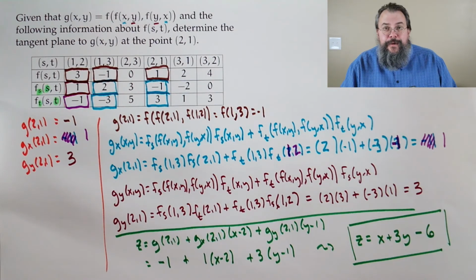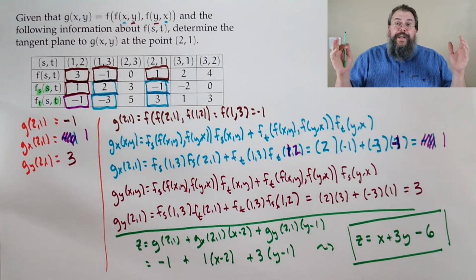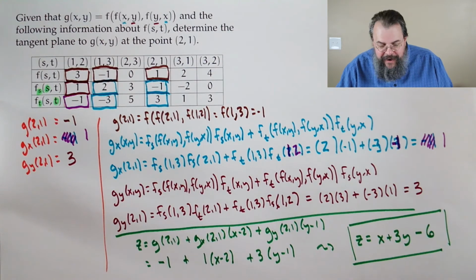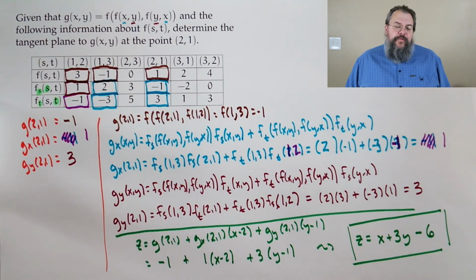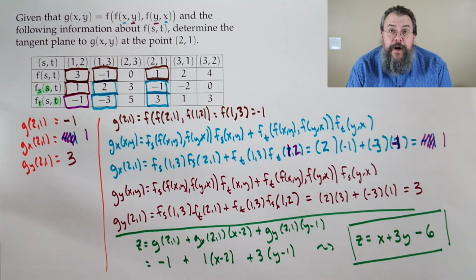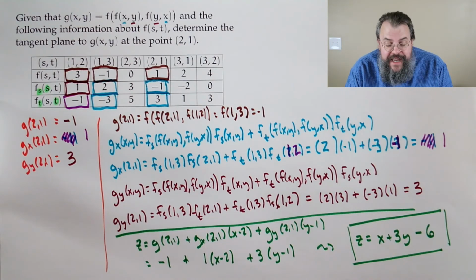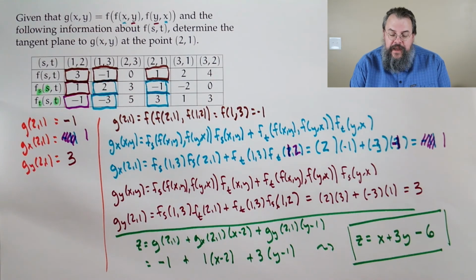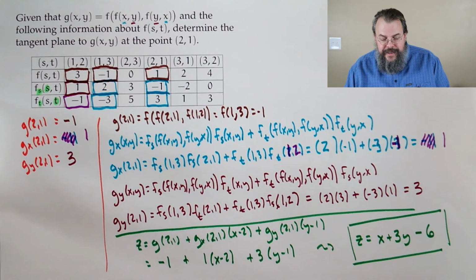Z equals x plus 3y minus 6. What a great, beautiful answer. Wow. Well, if you can do this problem, you're in amazing shape. It's all about patience, following through, working with your notation, and then you're fine. You can do it.